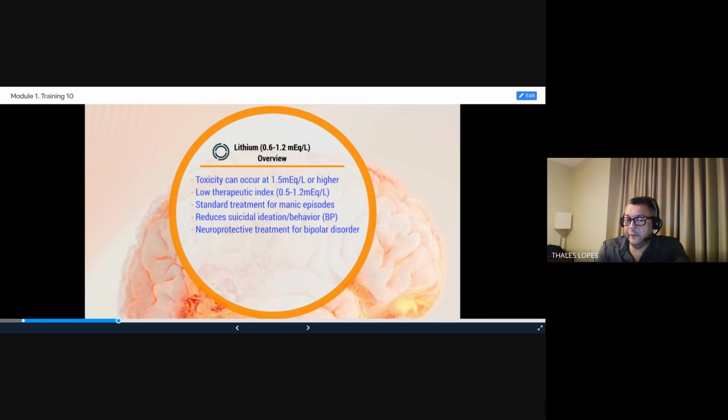So the standard treatment for mania, why? It is the only drug, with an exception of Clozaril, that has reduced suicidal ideation or behaviors. So a question might ask: which of the following medications has reduced suicidal behaviors or ideation for manic patients or bipolar patients? Lithium.